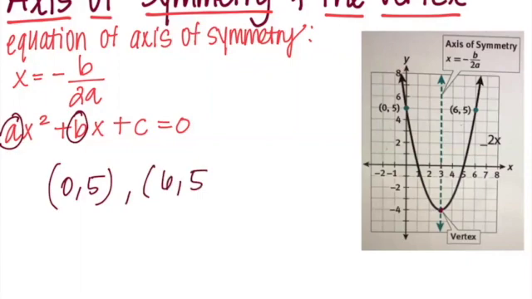So the axis of symmetry is going to be in the middle between these two coordinates. They have the exact same y coordinate, just two different x coordinates. So how would I find what the axis of symmetry is if I only have points?